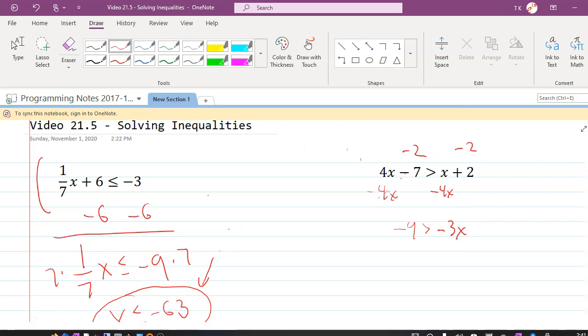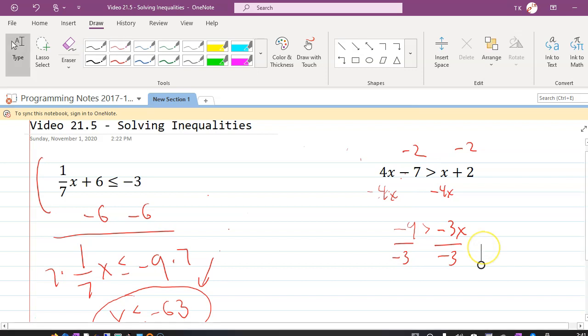Now to wrap this up, I need to divide each side by -3. This is where the one procedural difference between solving equations and solving inequalities comes into play.